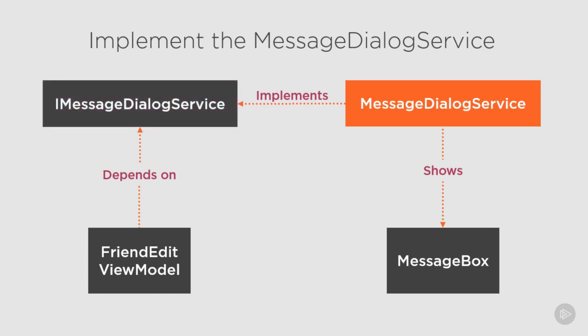We have used that interface in the friend-edit view model, and we have written unit tests to ensure that the logic in the friend-edit view model works. Now to run the application, we need to add an implementation of the iMessage dialog service interface. And this is what we will do now. We will create the message dialog service class that implements the iMessage dialog service interface and that shows a message box. Okay, so let's switch to Visual Studio.